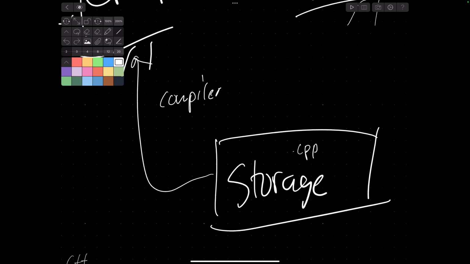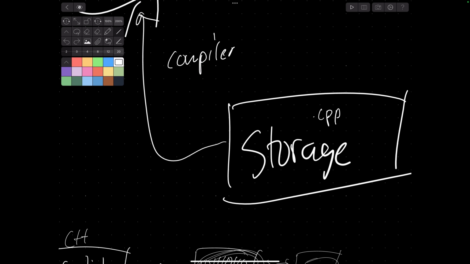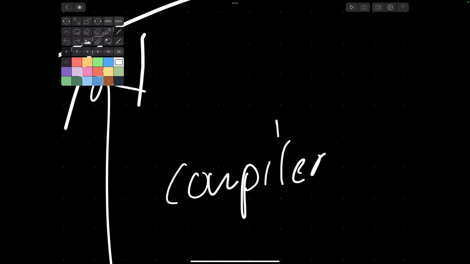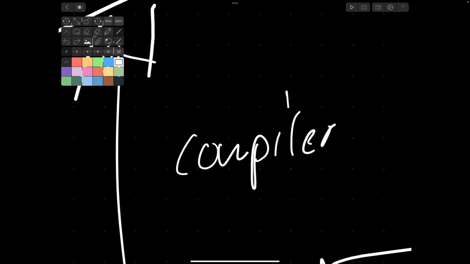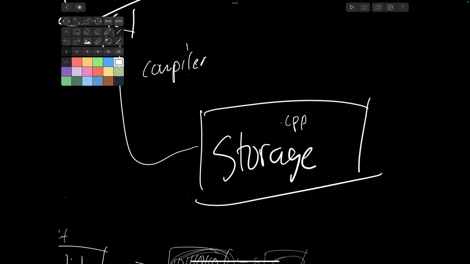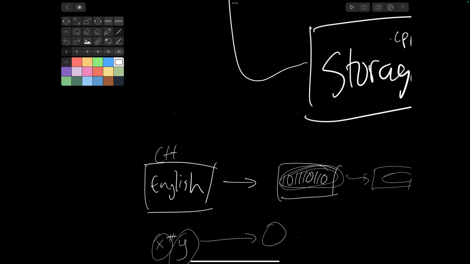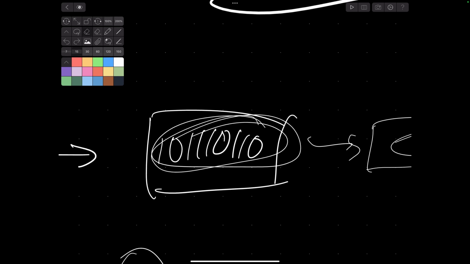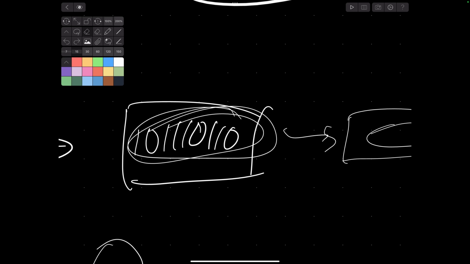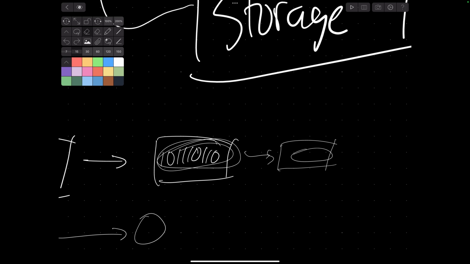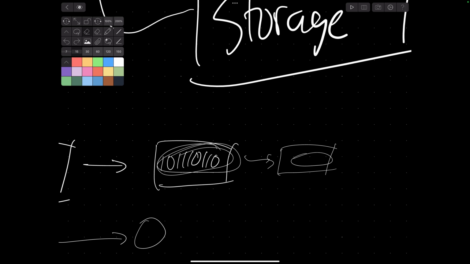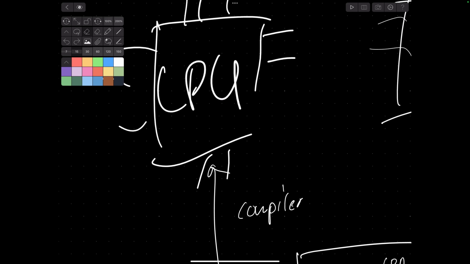So when we're programming, thanks to the hard work that the people who wrote the compiler do, we can program using English rather than speaking the language of the CPU, which is all these ones and zeros and these load, store, delete, multiplies, etc.